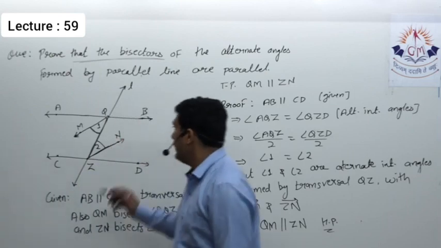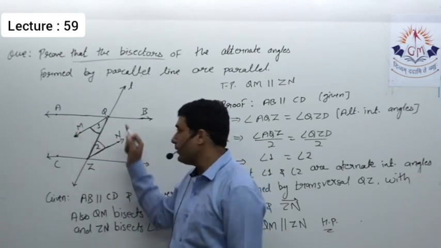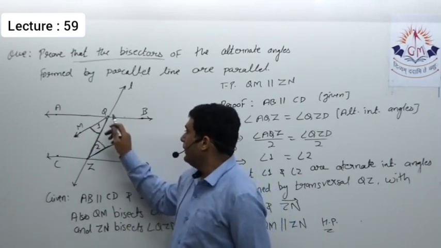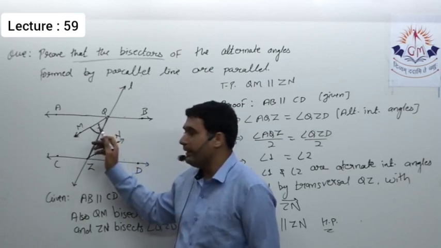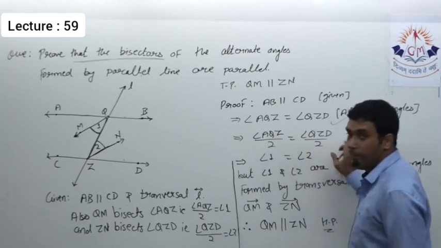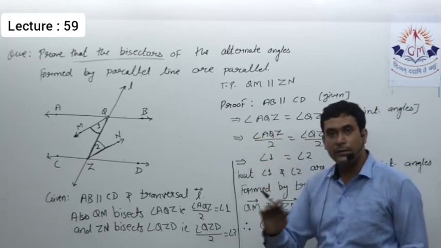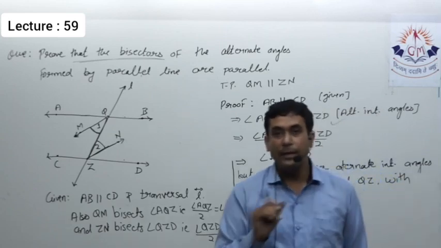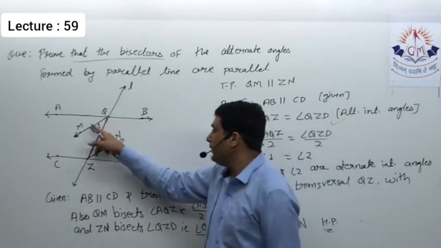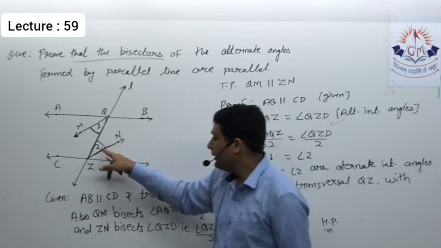So what I did, I simply said AQZ equals QZD because lines are parallel, so alternate interior angles will be equal. Now these two rays bisect the angles, so as these angles are equal, their halves will be equal. Half of the complete angle AQZ is angle 1, and similarly, half of the complete QZD is angle 2.